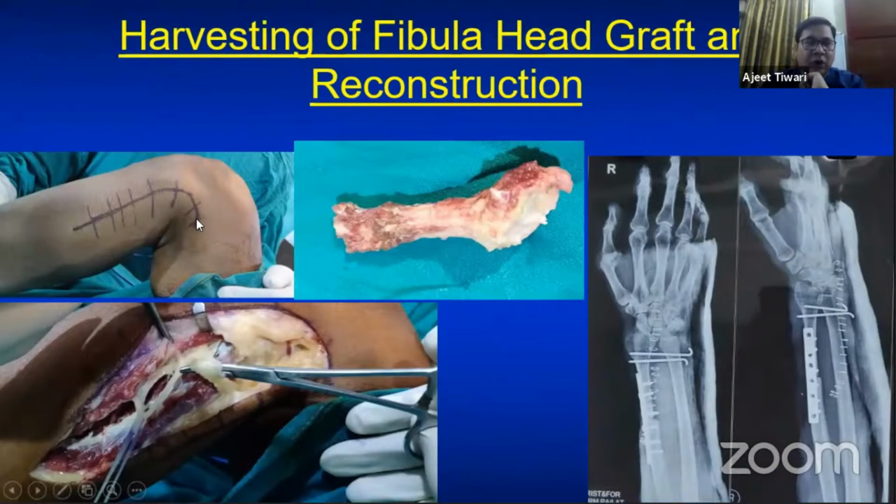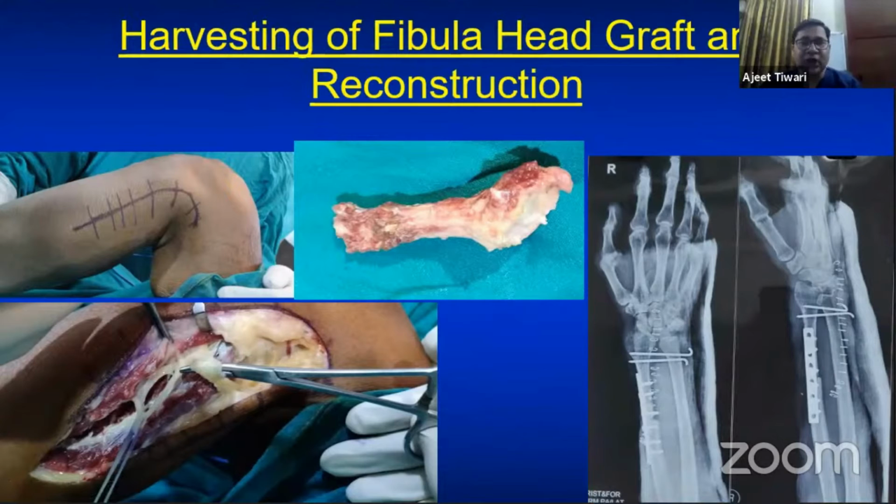So you can see that there's a hockey stick incision in the lateral aspect of the knee. The important thing is that you have to protect the common peroneal nerve, which is along the neck of the fibula. And because you are taking out the head of the fibula, you have to reattach the collateral ligament.